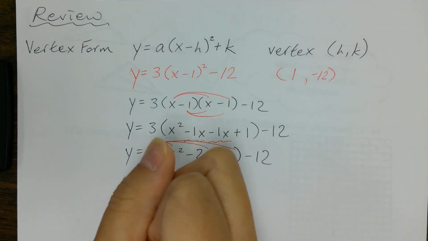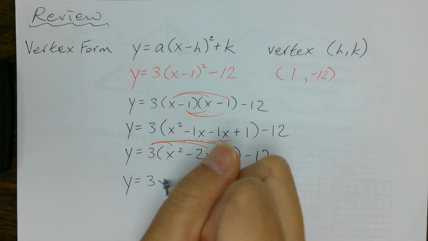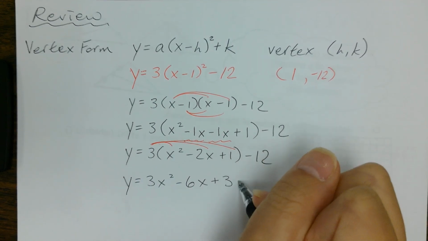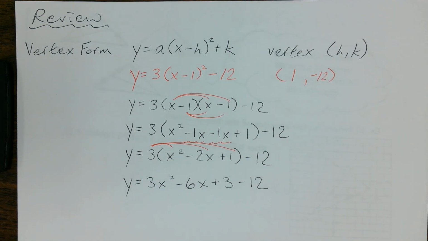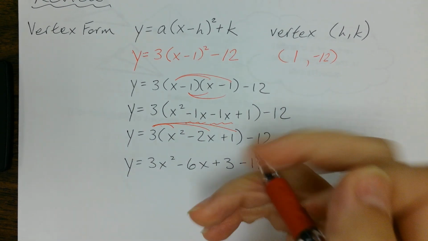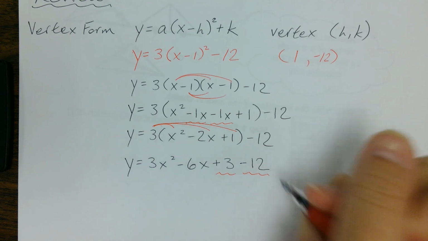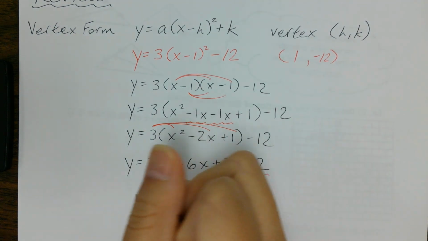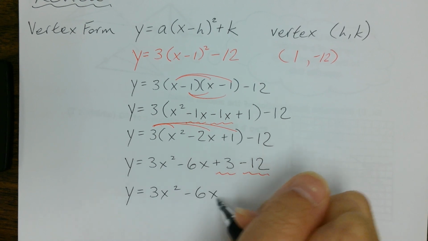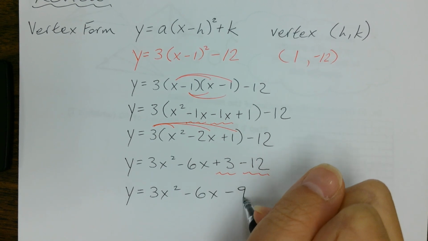So 3x squared minus 6x plus 3 minus 12. And then my last step, these two, I can combine them, and I have y equals 3x squared minus 6x minus 9.